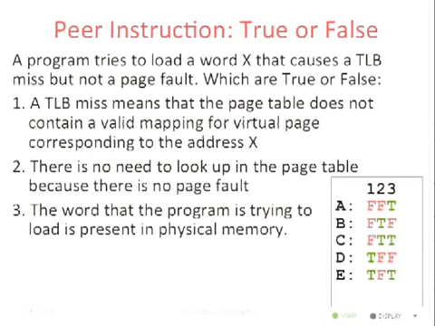One: TLB miss means that the page table does not contain a valid mapping for the virtual page corresponding to the address X. Make sure you read carefully. Two: there's no need to look up in the page table because there's no page fault, because we told you there's no page fault. And three: the word that the program is trying to load is present in physical memory. It's true or false for all of these.